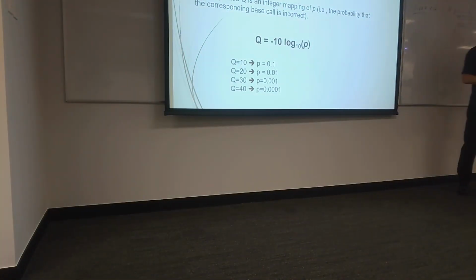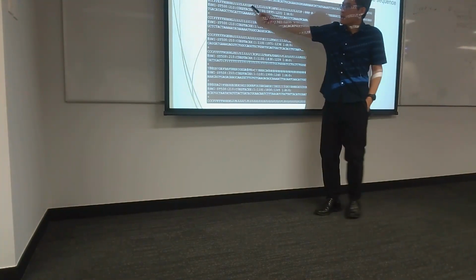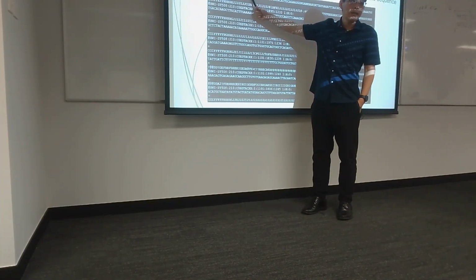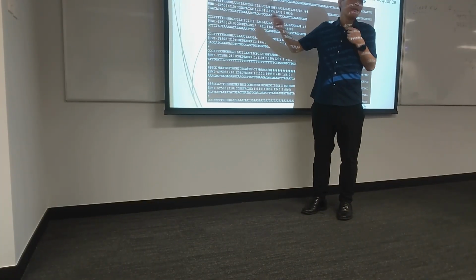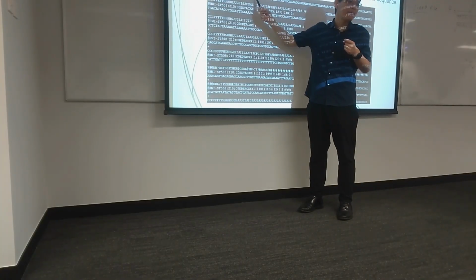The rule is determined here because I told you the meaning of this lecture is the probability that this A is correct or not correct, okay? P-value, right? The probability that it is not an A.